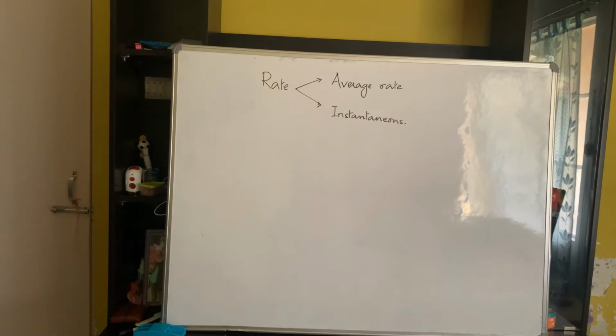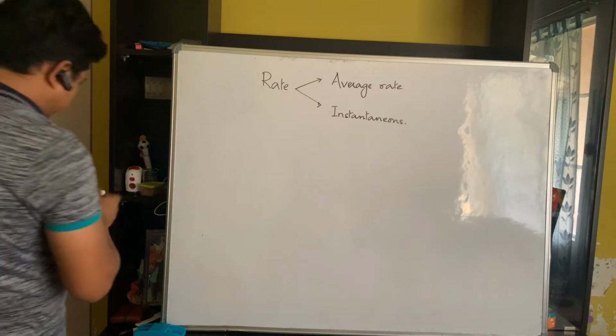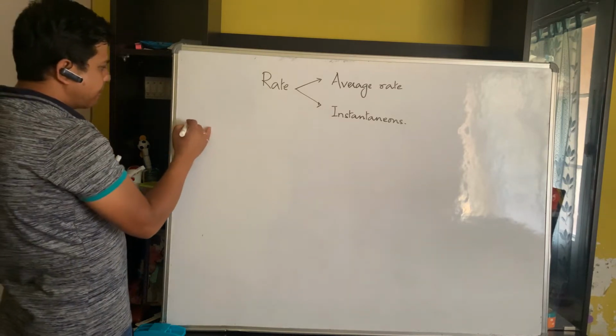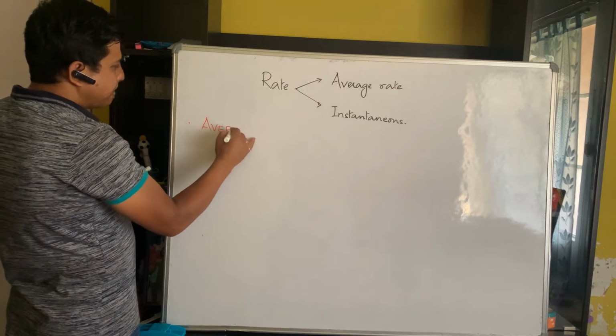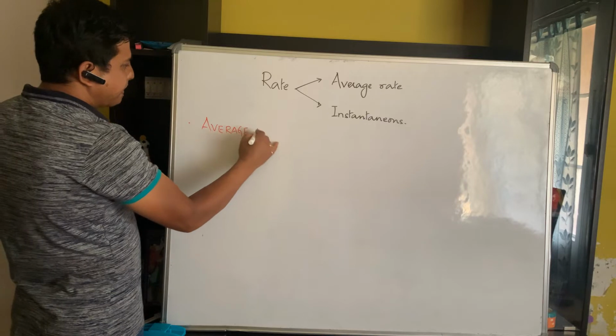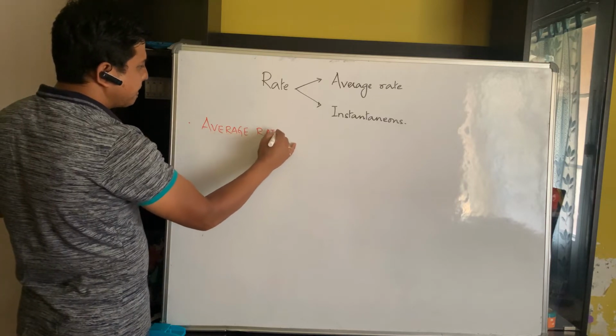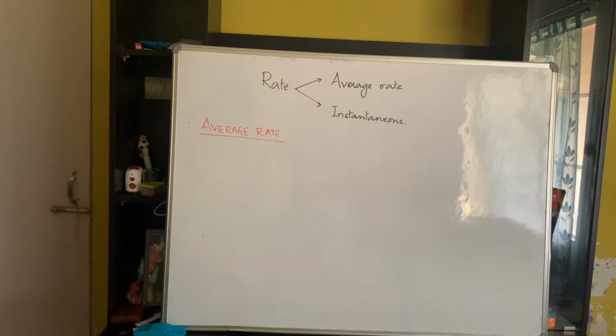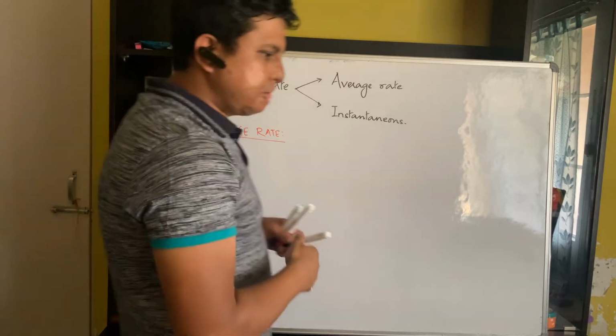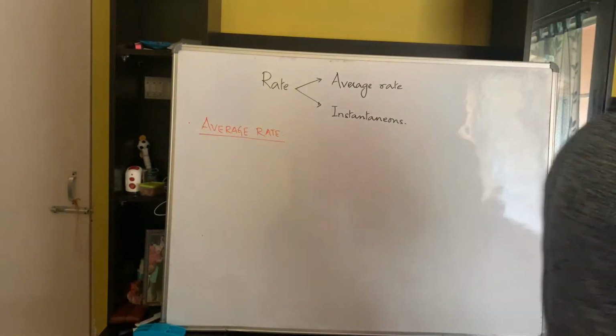Fine. So what do you mean by an average rate and what do you mean by an instantaneous rate? Let us see. So listen very carefully. Average rate. Say a reaction is going on. You are carrying out a reaction.